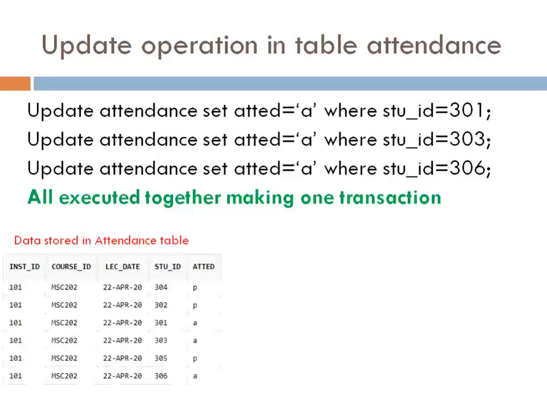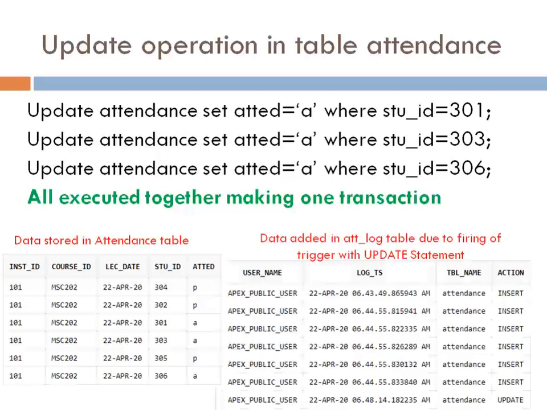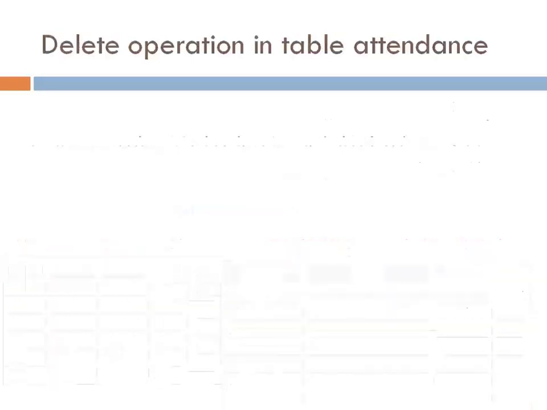So you can see that 301, 303 and 306 are updated with absent value, and in the log table the last row is inserted where it is defined that the user has done the update operation on table attendance at this time and this date.